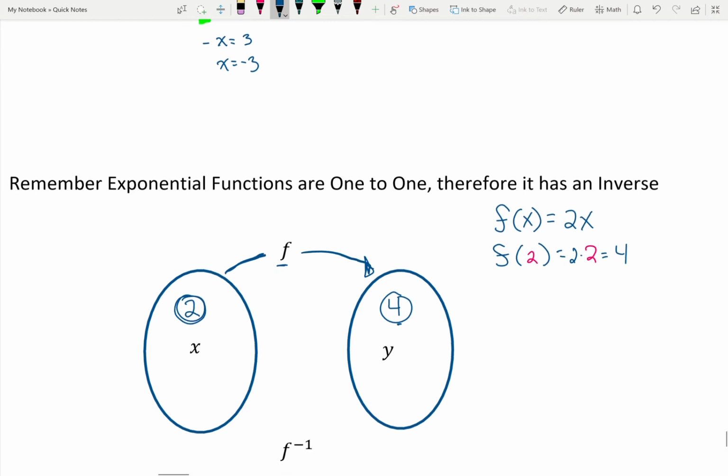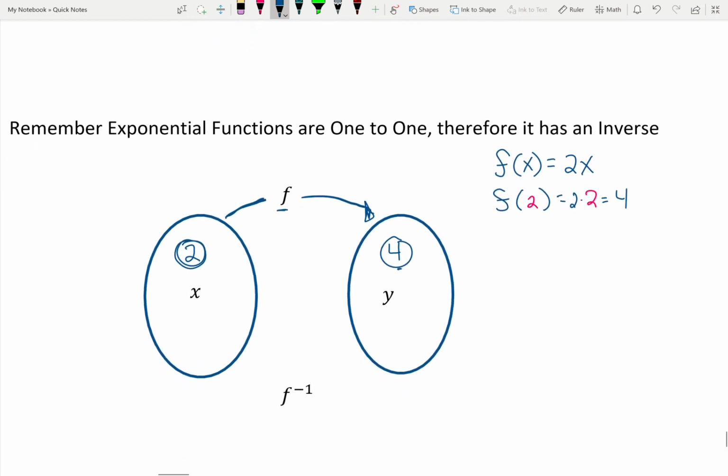So what does the inverse function do? Well, the inverse function, what it does in this case is that it takes this 4, puts it into our inverse function, and it sends it back to 2, right? So this guy right here represents inverse function. It's f, but it has that minus 1 on top of it. So instead of taking the 2 to 4, my inverse function will take 4 back to 2, right?